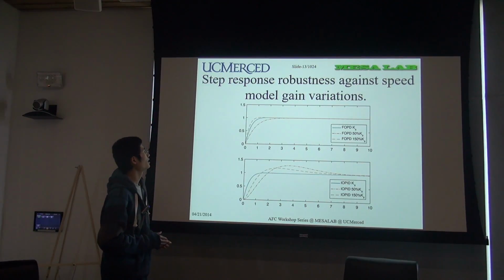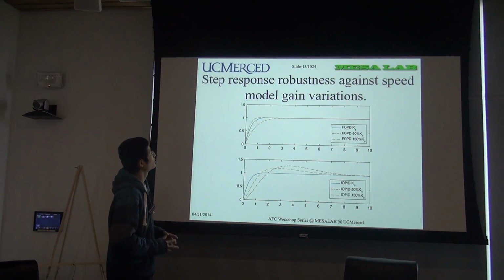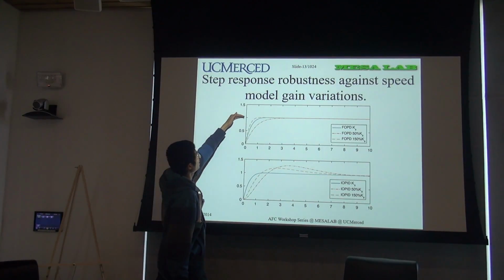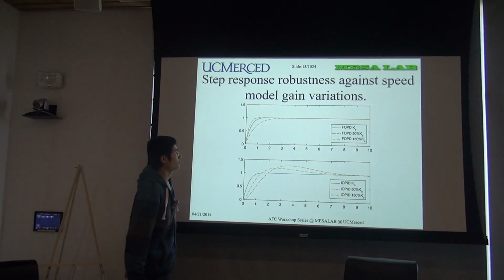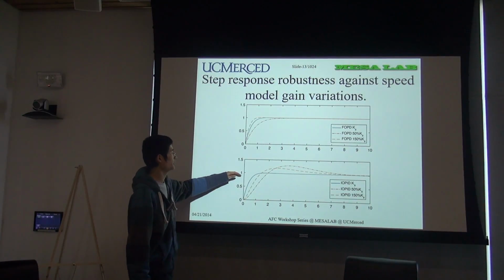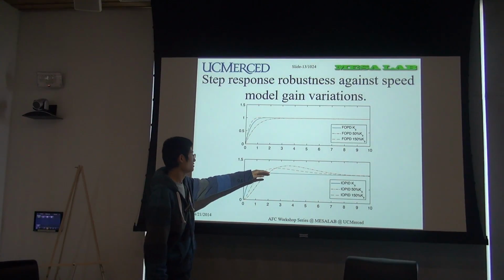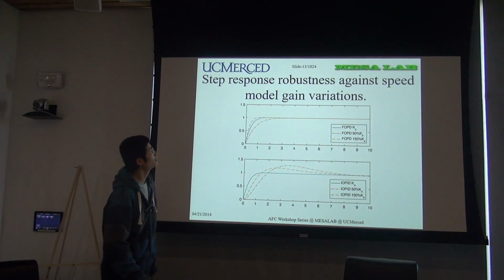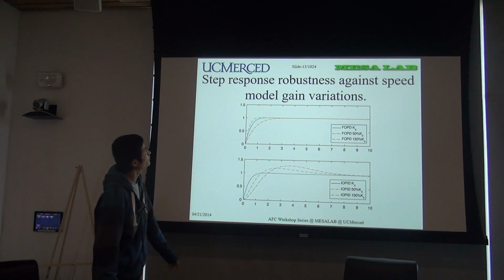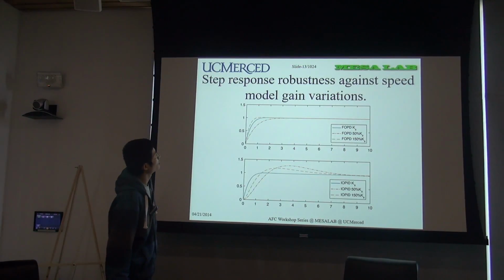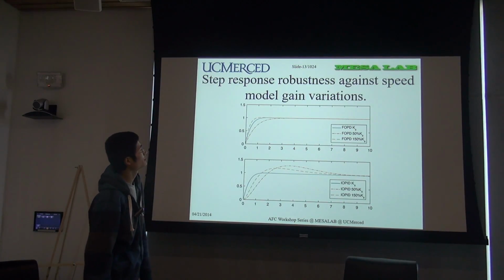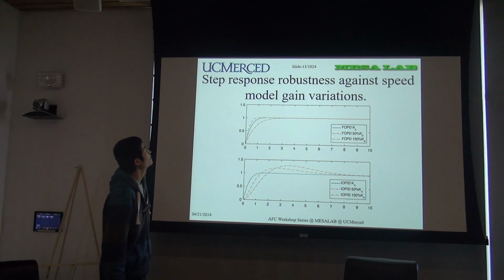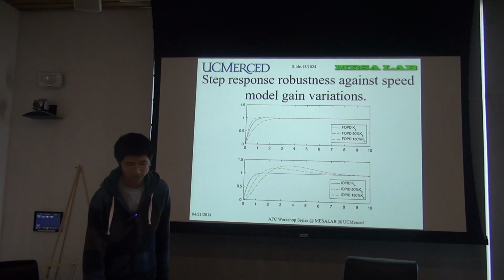For both decrease and increase, the step response didn't change much at the overshoot. But for the integral order PID, you can see the overshoot appears. In this way, in terms of the robustness against step model gain variations, the fractional order PID is better.